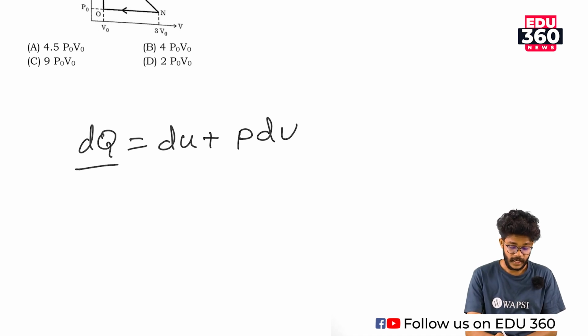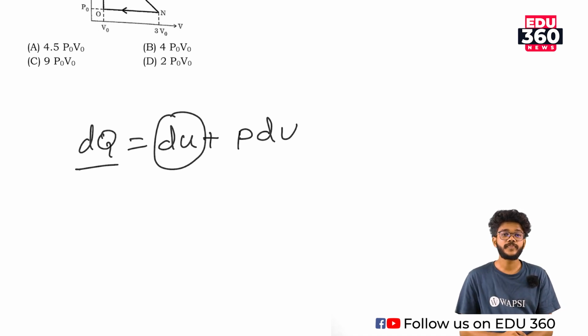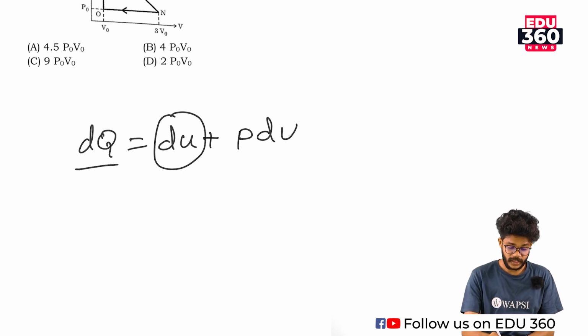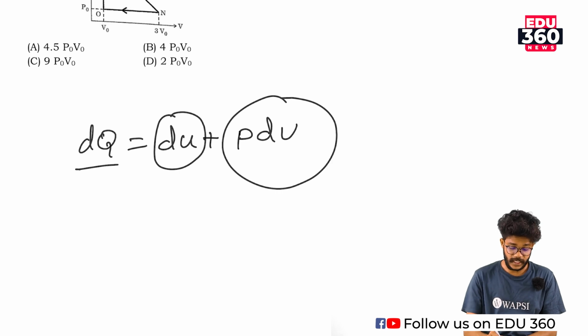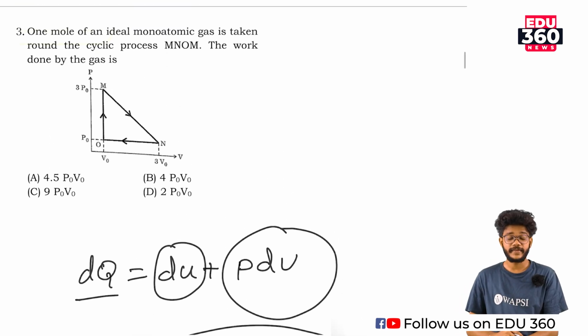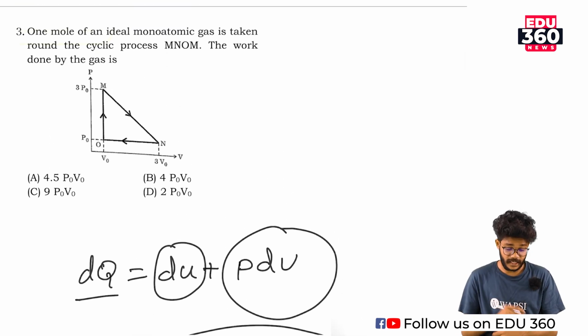PdV, that means pressure P into dV, the change in volume, gives the work done. So the change in work done is PdV, and this gives the area under the graph.